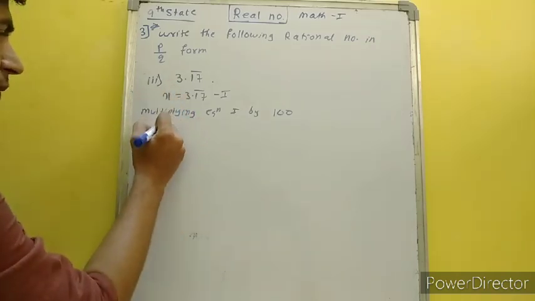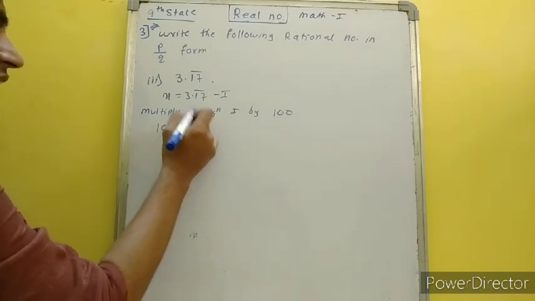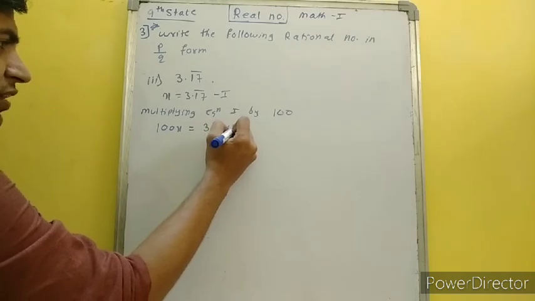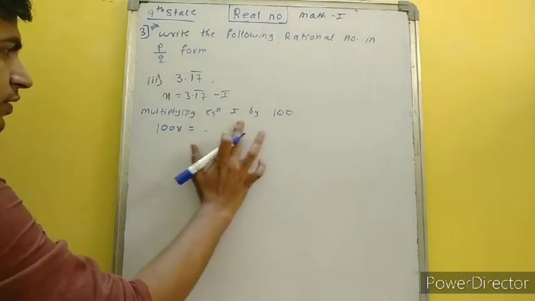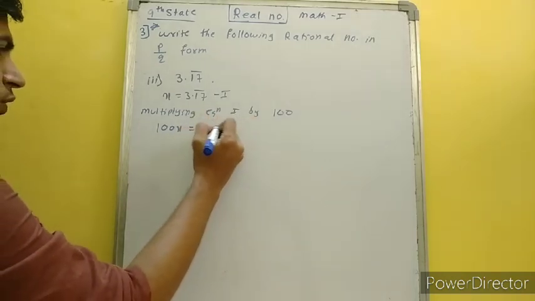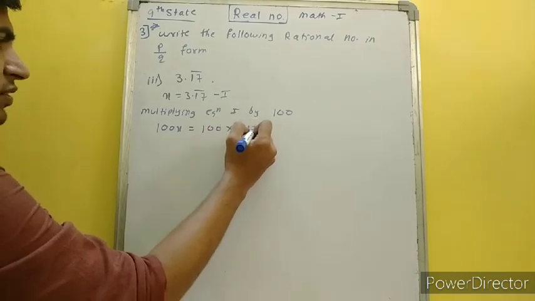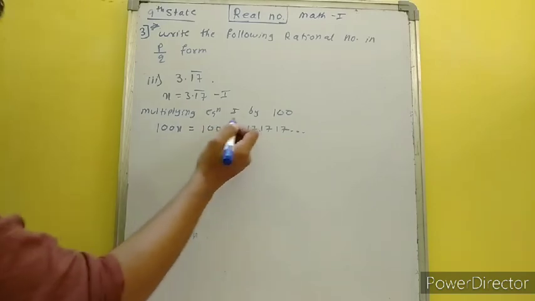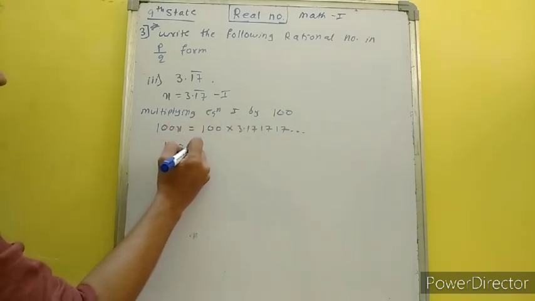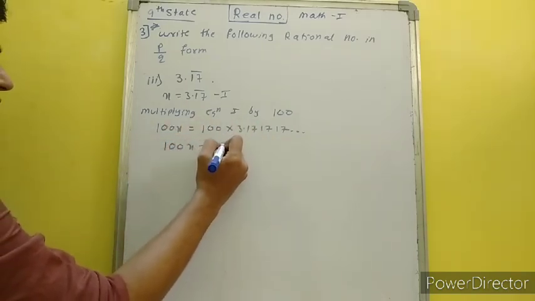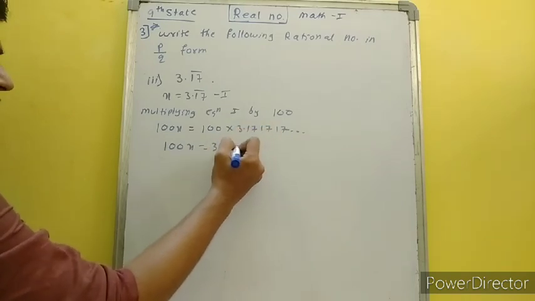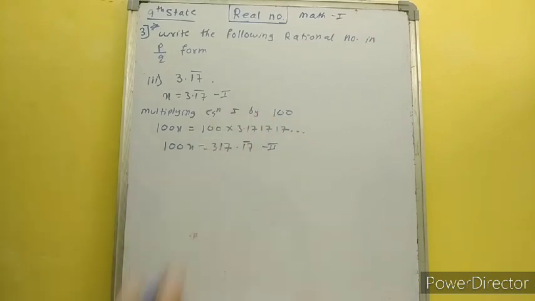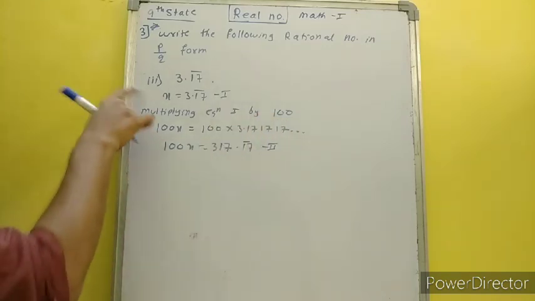So when I multiply by 100, I have 100 into x, and 100 into 3.17 recurring, which gives 317.17 recurring, with 2 digits repeating, 0.17 recurring. This is equation number 2.